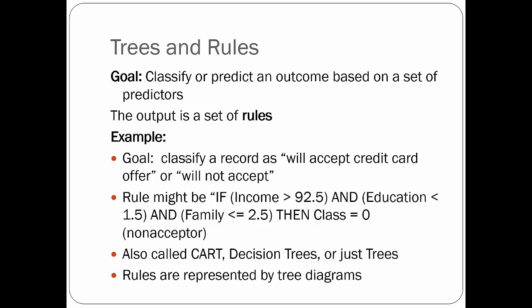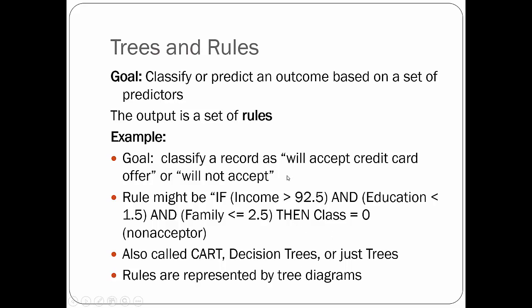So this is the basic idea behind decision trees. These are the names: CART, decision trees, or just simply trees. The rules, an example of which we just saw, are represented in terms of tree diagrams. That is the reason why it's called decision trees or simply trees.